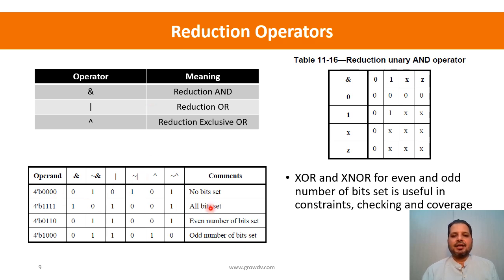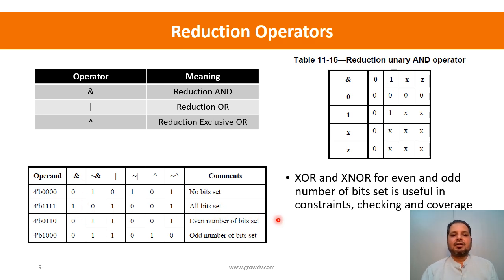So some of the examples are shown over here, and the way to look at it is, for example, when no bits are set, right? You can see that NAND is 1, okay, and NOR is 1. So if you have to detect no bits set, then you can use these operators, right? And then all bits set. Of course we know that the AND is the one.